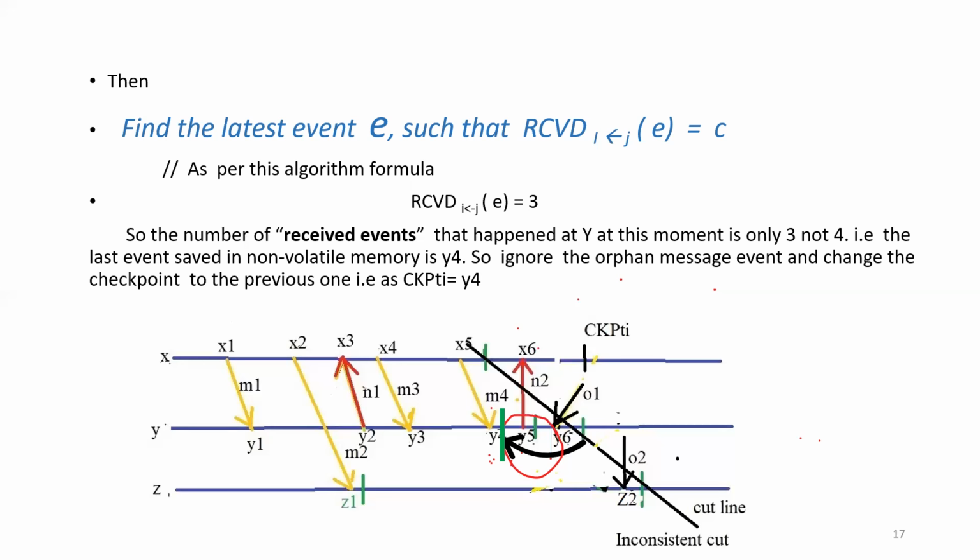So ignore the orphan message event and change the checkpoint to the previous one. So now change the checkpoint to the checkpoint at Y4. Now the checkpoint has been changed consistently. At that checkpoint, the number of messages sent and the number of messages received are equal. So change the checkpoint to Y4. Then only will the checkpoint be a consistent one. Do you understand what I'm saying?